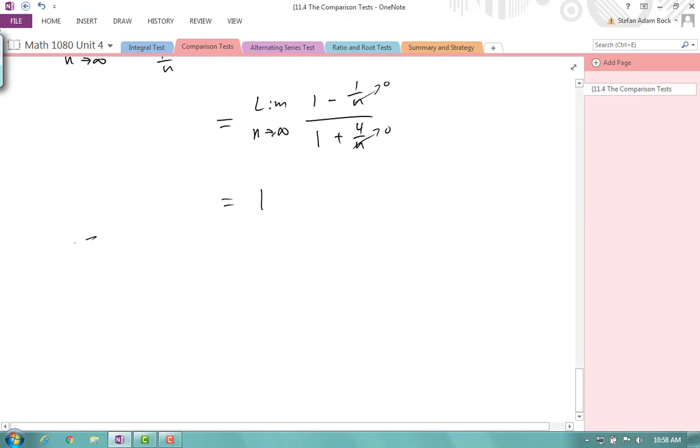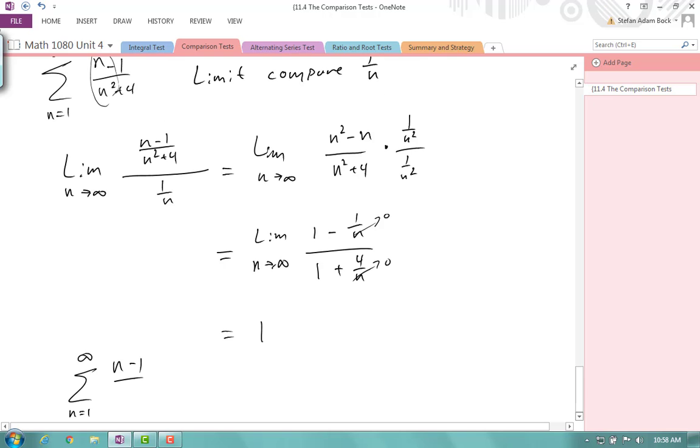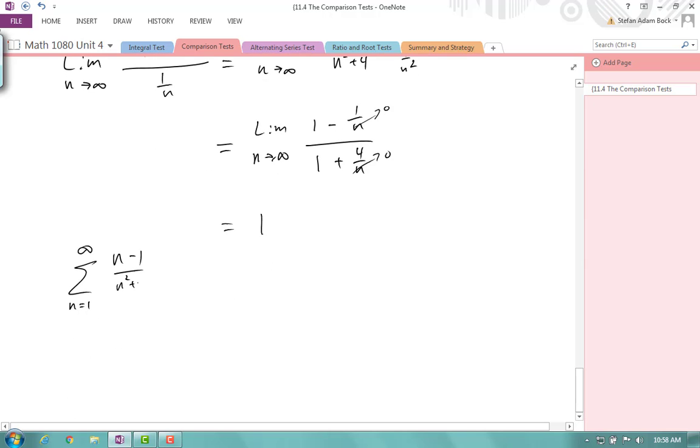So this says that my series from n equals 1 to infinity of n minus 1 over n squared plus 4 must do exactly the same thing as the sum of 1 over n. But the sum of 1 over n, we should know by now, is divergent.